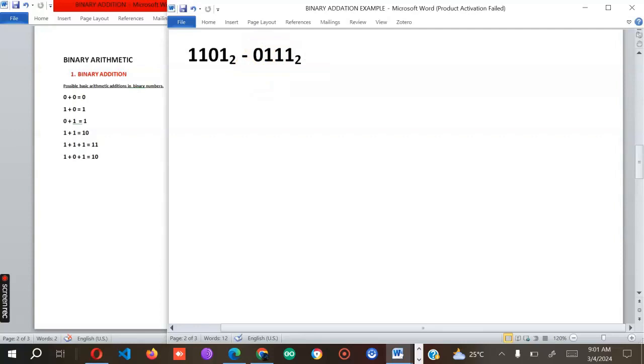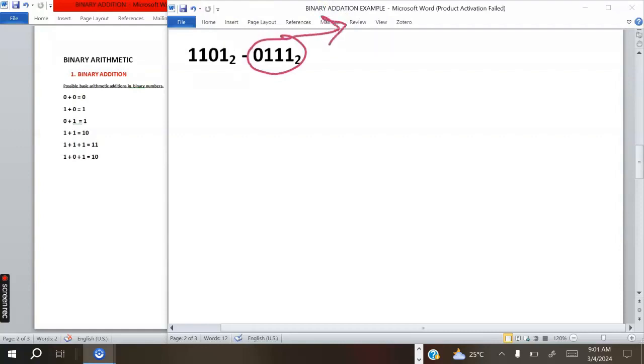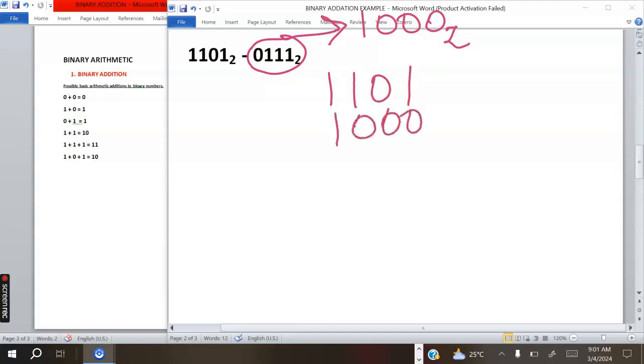So the complement for this one will be 1, 0, 0, 0. Therefore, we'll have 1, 1, 0, 1, while the other one is 1, 0, 0, 0.